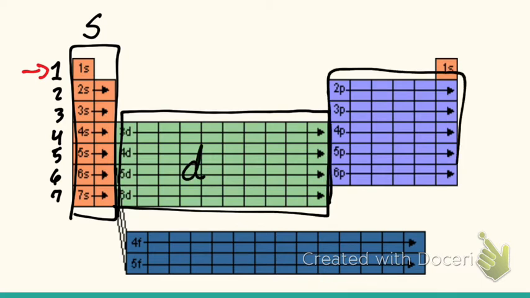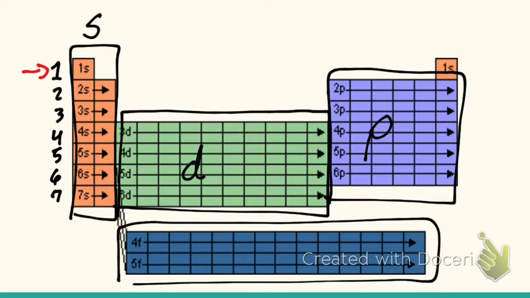To the far right, this is our P block. And then down here at the very bottom is our F block. So these are the 4 different blocks that you need to memorize: the S, D, P, and F. You have to memorize these in order to do electron configuration.